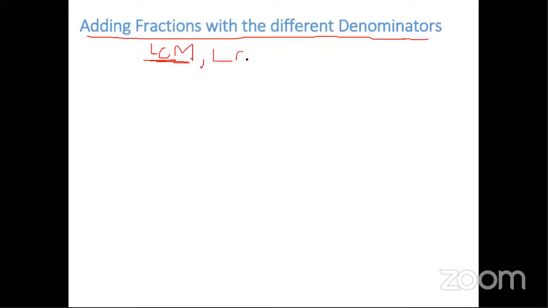Most cases, we also call it LCD. LCM stands for lowest common multiple, while this one is the lowest common denominator. Okay, those are the principles we are using. But I'm going to guide you through a very simple, quick method that you can use so that you can come up with your answer very fast.